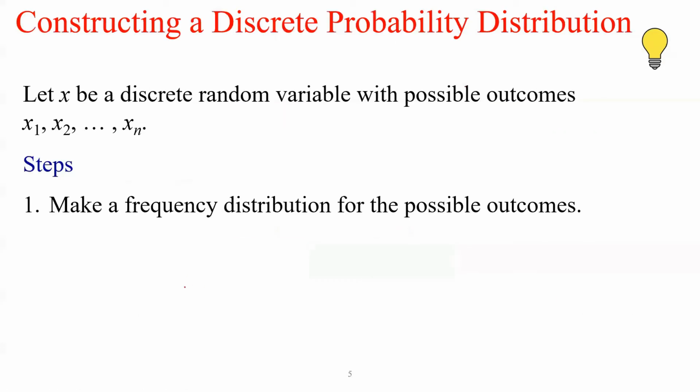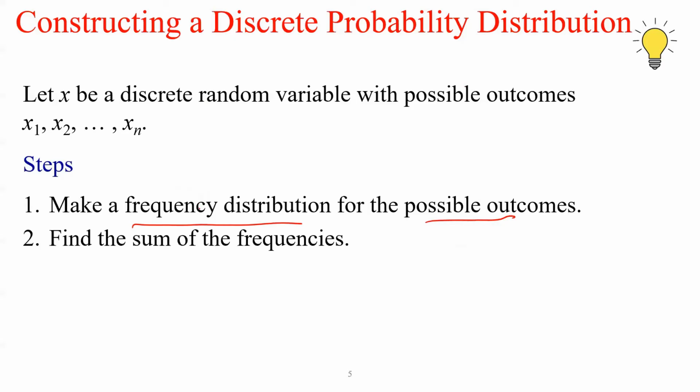Now take a look at the steps we follow in order to develop the discrete probability distributions. The first step is to make a frequency distribution for the possible outcomes. We have the data and we know the frequency of the distribution. Next, we need to find the sum of the frequencies for each category.